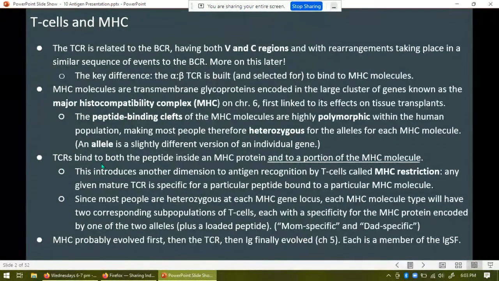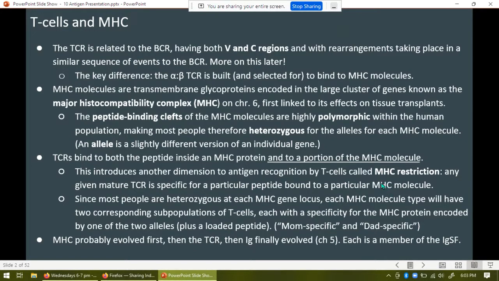T cell receptors, they both bind to the peptide that's been loaded into an MHC protein, and they bind to a little piece of the inside of the MHC molecule itself. And so this introduces another dimension to antigen recognition by T cells that is referred to as MHC restriction. So a single T cell receptor is specific for a particular specific peptide, bound into a specific type of MHC molecule.